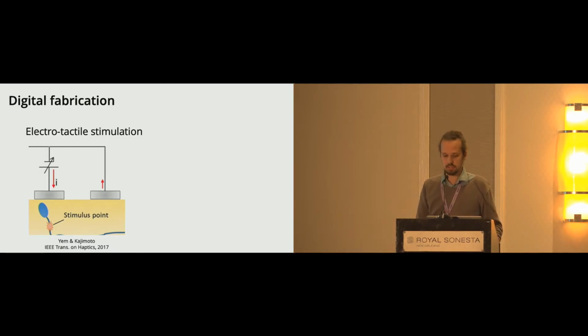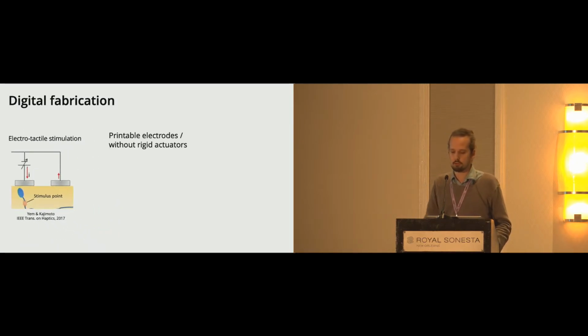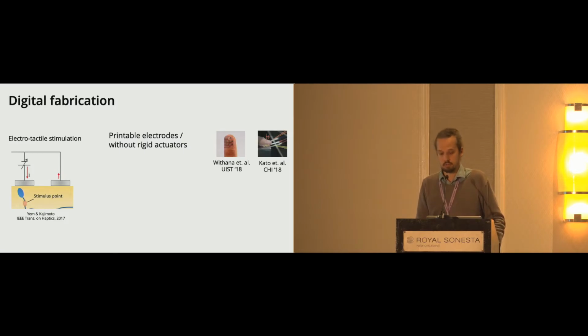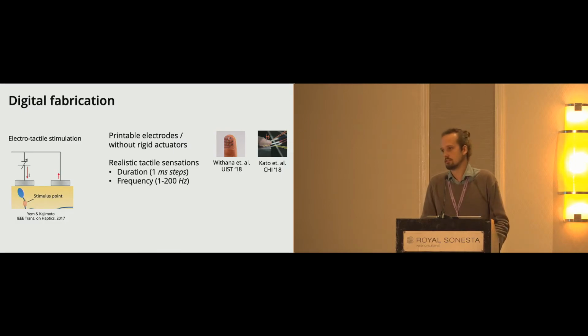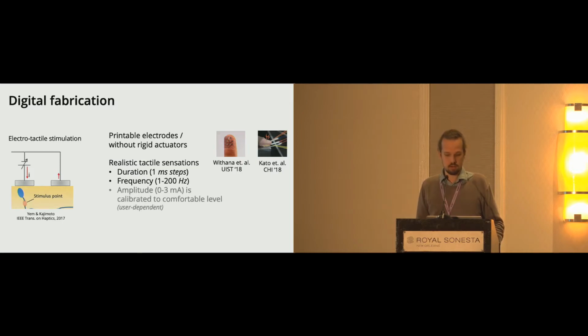One reason why we chose this technology is that it has been demonstrated to be printable without requiring rigid actuators. A second reason is that it allows to deliver realistic tactile sensations of varying durations and different frequencies. Of note here is that we opted against using stimuli of different amplitude, since amplitude is very user-dependent, and instead calibrated to intensity of a comfortable level.